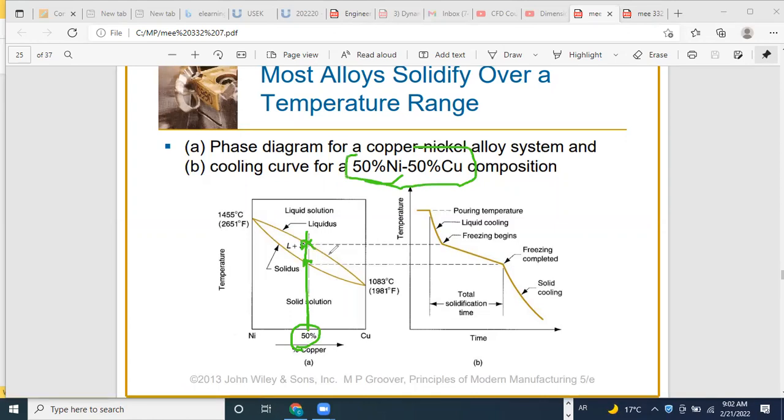These temperatures will vary according to the composition. So, for this case, we consider that the freezing will start at this temperature, and it will end at this one.